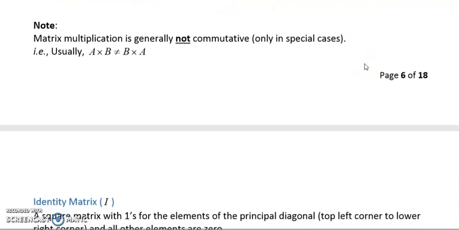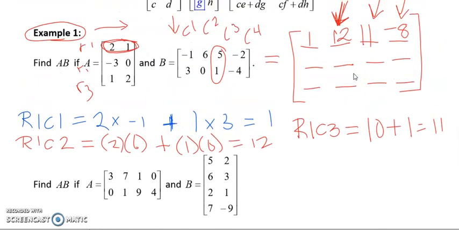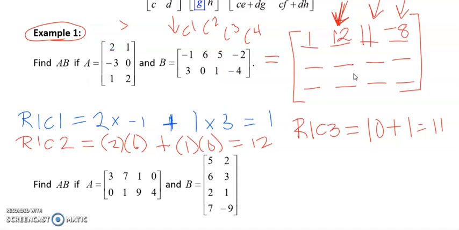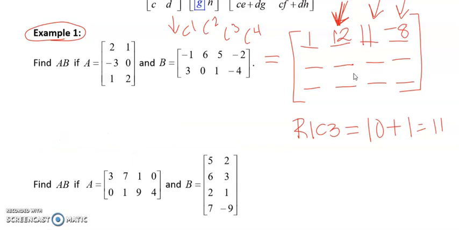Okay. Now, another thing I'd like to point out that's important. If you come back here and look at the matrices we just multiplied, look at these two right here. I'm just going to erase all of this stuff because there's something in particular I want to show you. It's kind of weird, but it's very, very true.